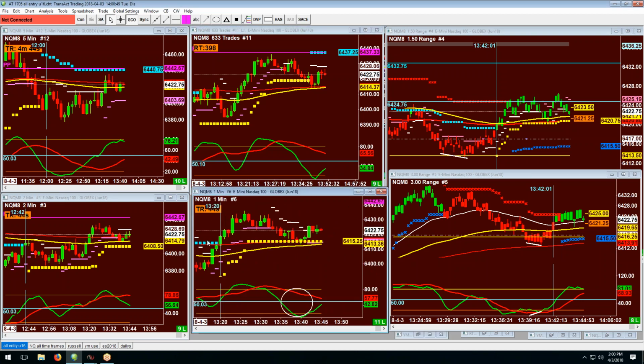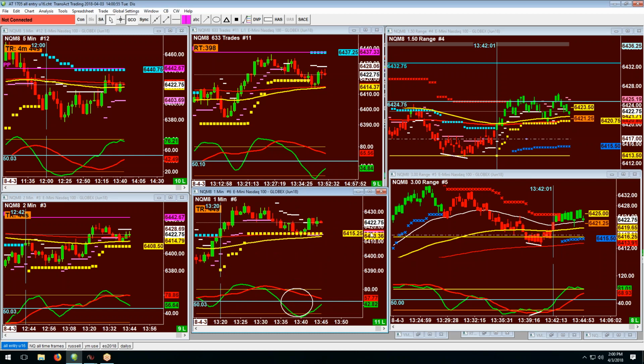So if you were buying here, let's say off the 1 minute, you can start out with your stop using the regular super trend stop or even the smaller one. And the settings here are 1.5 for the multiplier and 2 for the others. Then as it starts to move, you'd obviously adjust your stop.